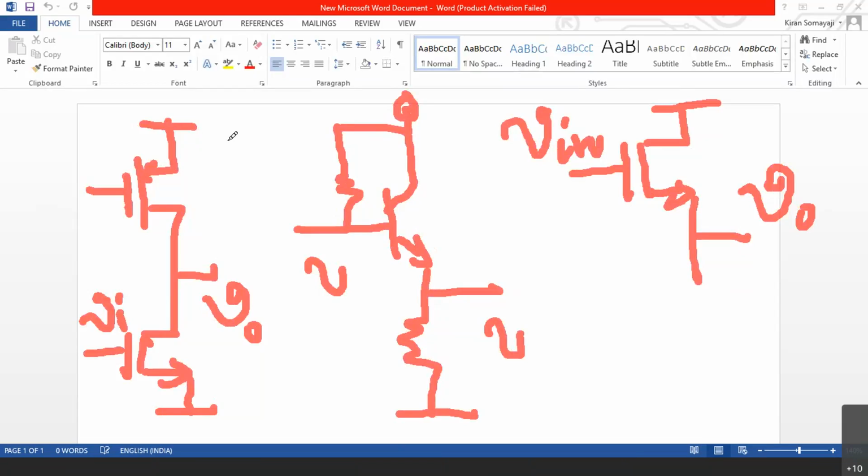Sir, are you drawing on the screen? Yeah, I am drawing on the screen. Because we can't see what you're drawing. No one is able to see. I have shared this. I'm not able to see. What about others? Yeah, others are able to see. So, Vanilla, you can leave the meeting and join again. You may be able to see.